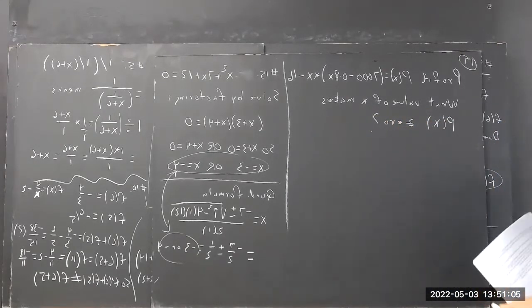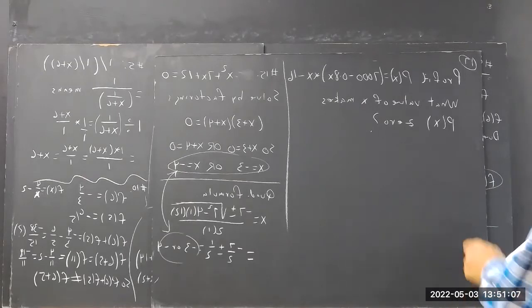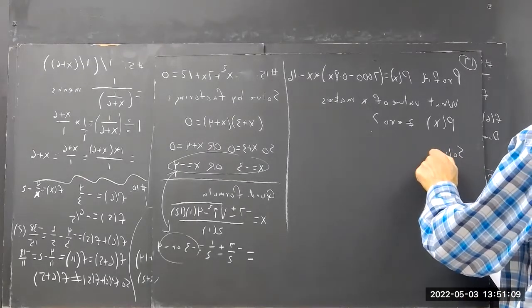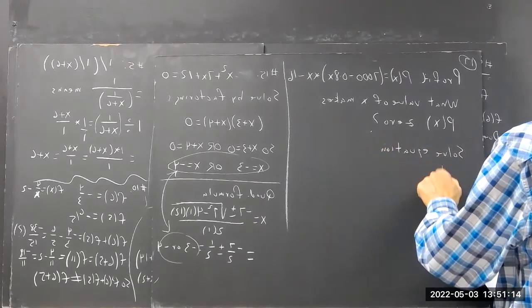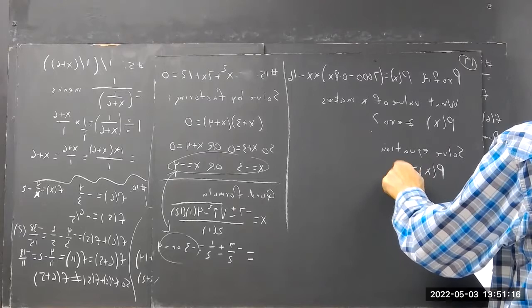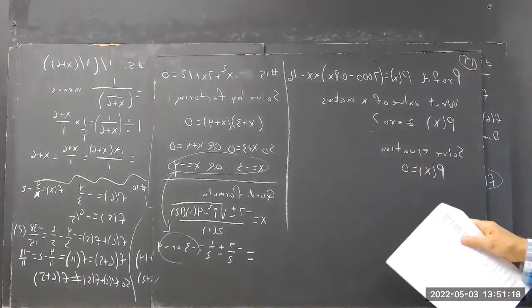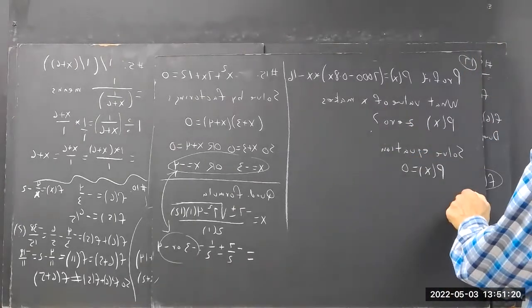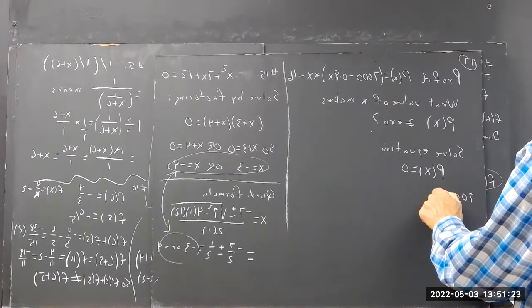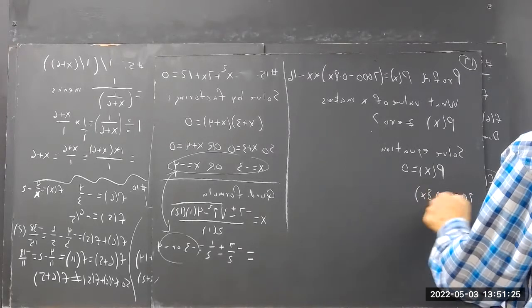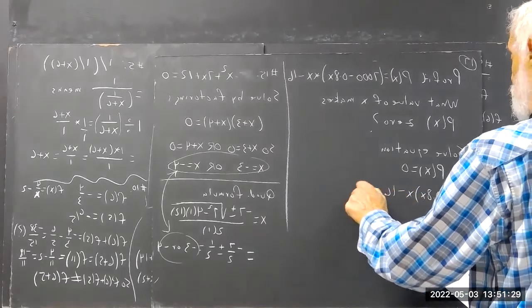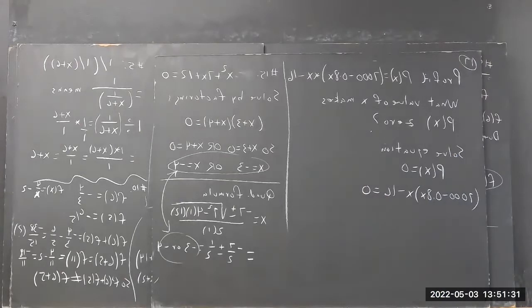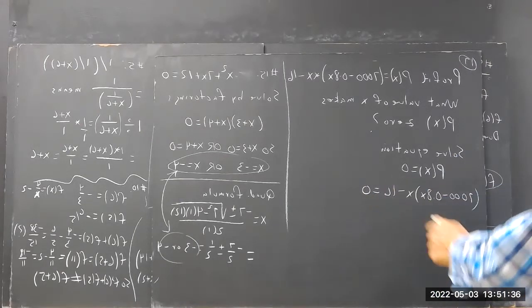What value of x makes p of x 0? Well, solve the equation, p of x equals 0. Of course, p of x is this, so you get 7,000 minus 0.8x times x minus 16 equals 0. Okay. Now multiply this through by x.